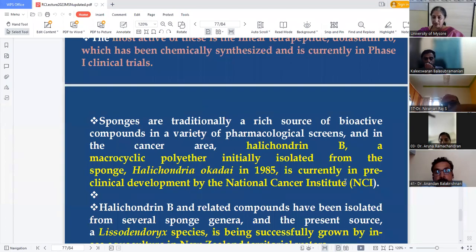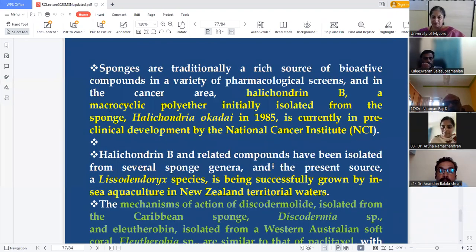There are also sponges from other parts of the world which have been sampled for bioactive metabolites, and one includes halichondrin B, a macrocyclic polyether, which is isolated from Halichondria okadai, which is a novel molecule in 1985, and currently it is in the preclinical trials by the National Cancer Institute.